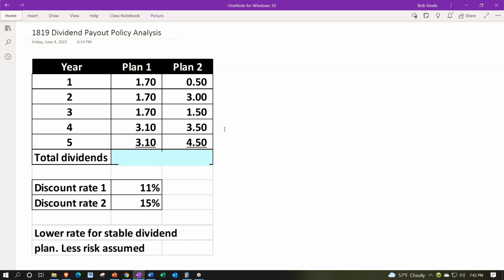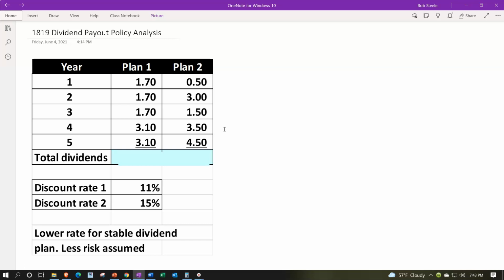So from an investor standpoint, they might consider Plan 2 to be a bit more risky due to that jumping around of the dividends. Most of the time, investors like a nice even plan. They would expect a nice even flow of income, a nice even flow of dividends. When things start to jump around, they might see it as more volatile.